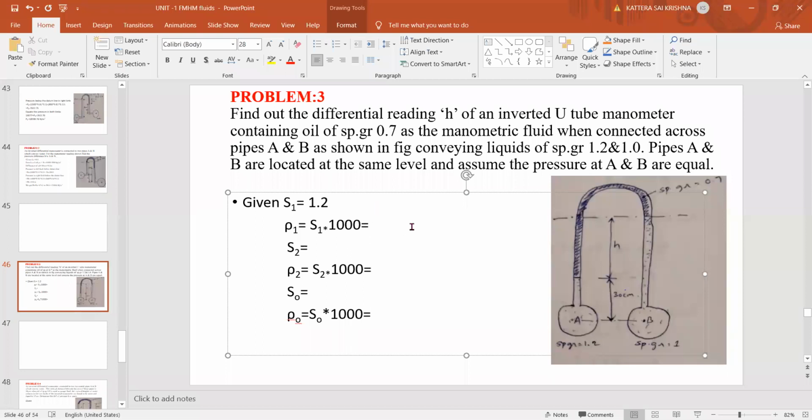So what is the density of the fluid in that? 1.2 into 1000 equals 1200 kg per meter cube. Please write the units there, kg per meter cube. Next, the specific gravity in the second pipe is 1, which is given in the question. So the density of the fluid in the second pipe is 1 into 1000, which is 1000 kg per meter cube.